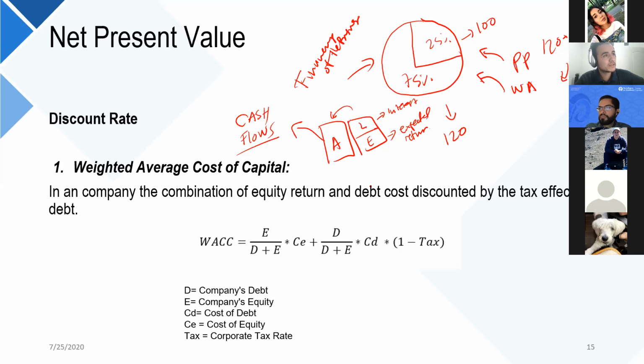So if I were to ask you what is the weighted average, and just change the numbers now, think about this being 1.5%, which would be interest, and this being, I don't know, 15%, an expected return on equity.